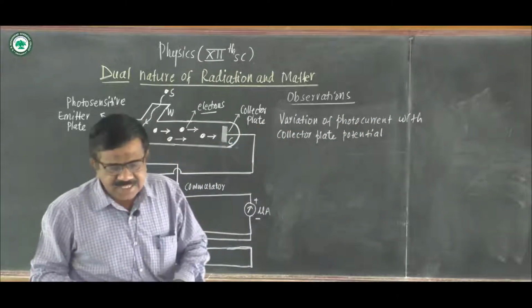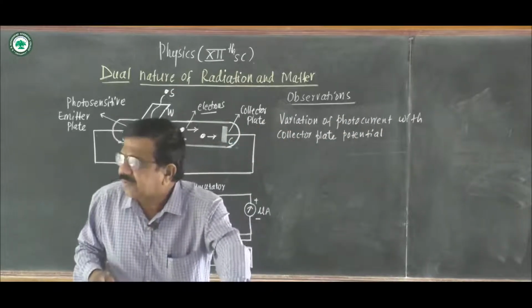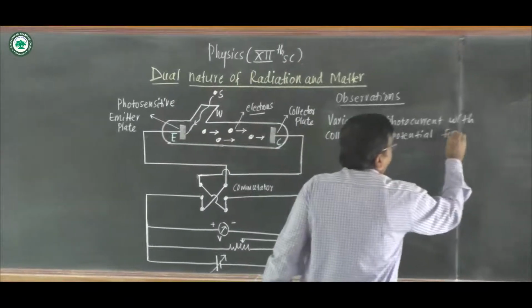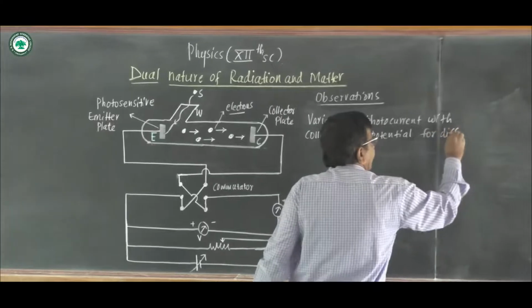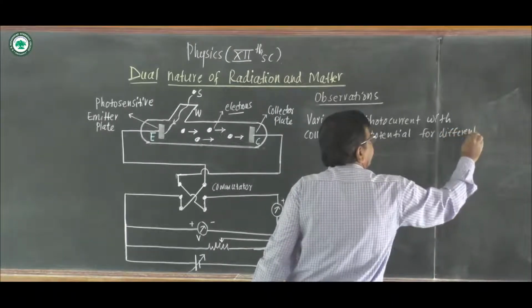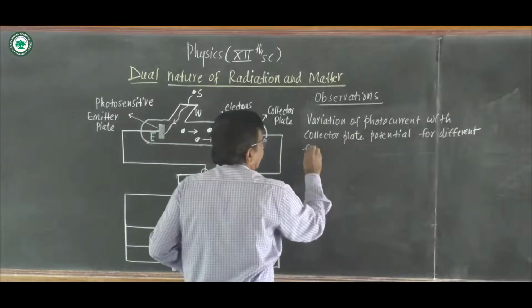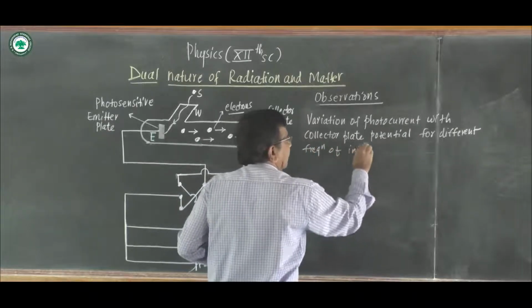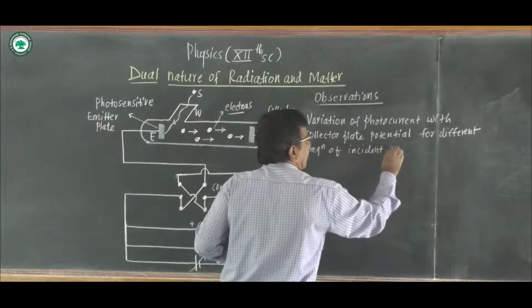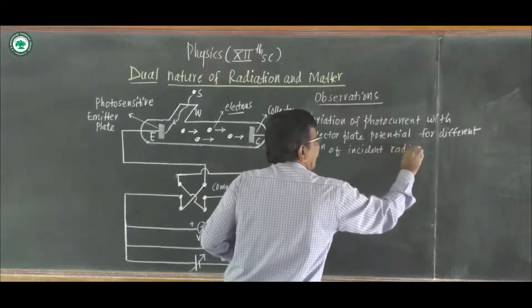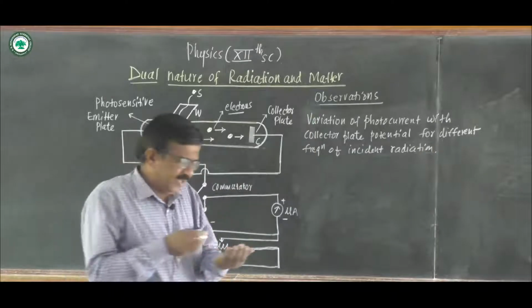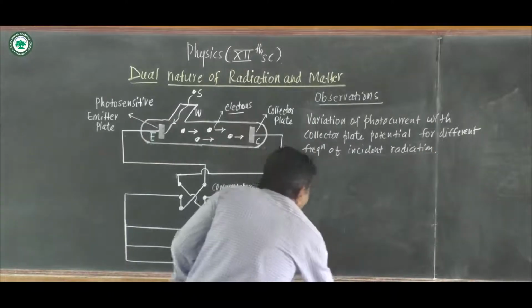Variation of photocurrent with collector plate potential for different frequency of incident radiation. Firstly we plot the graph and then we see the conclusions from the graph.